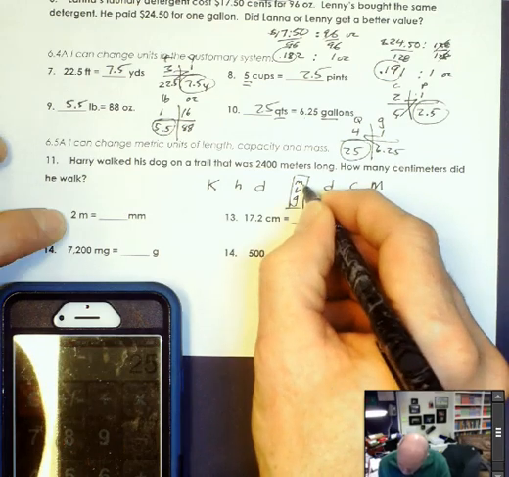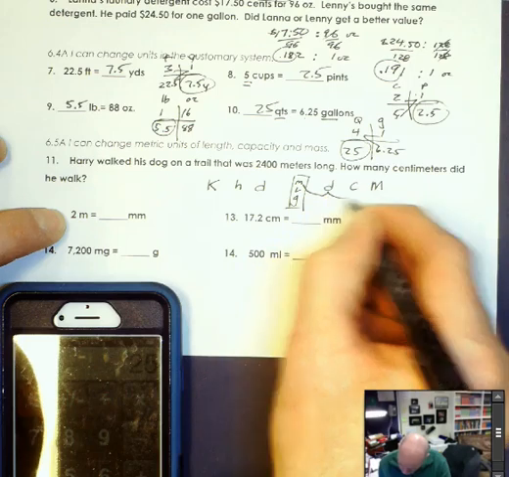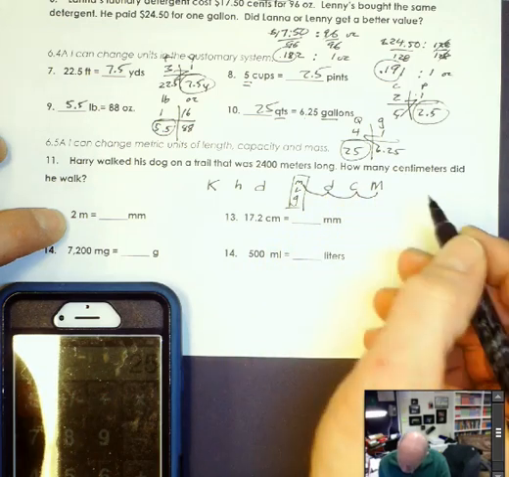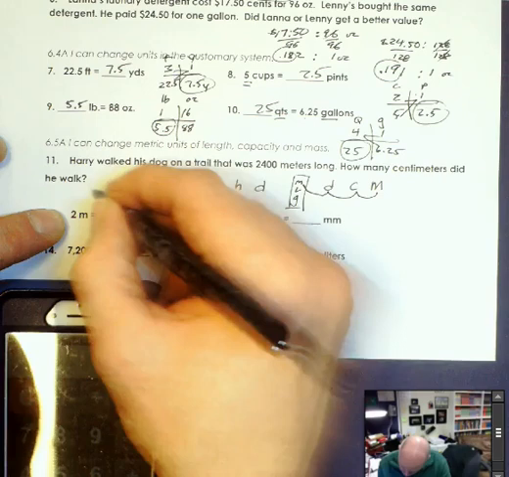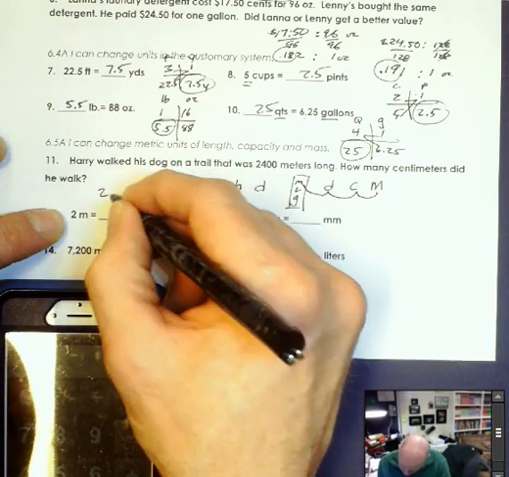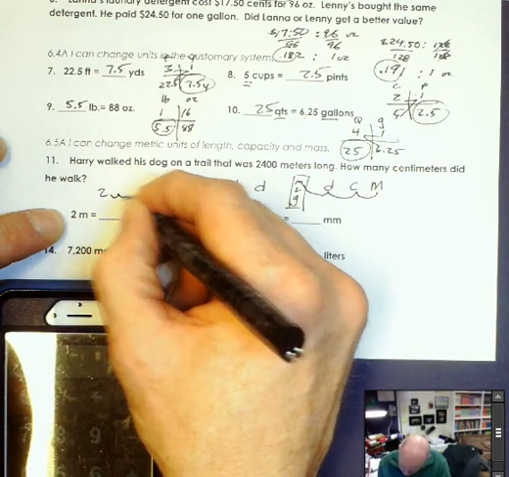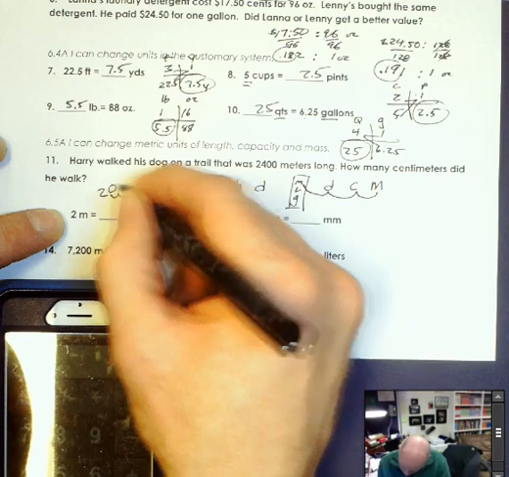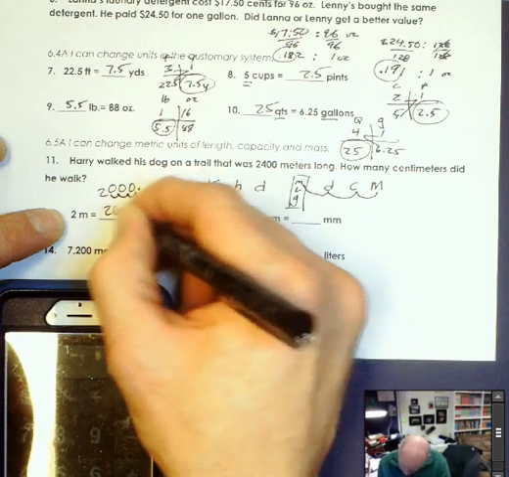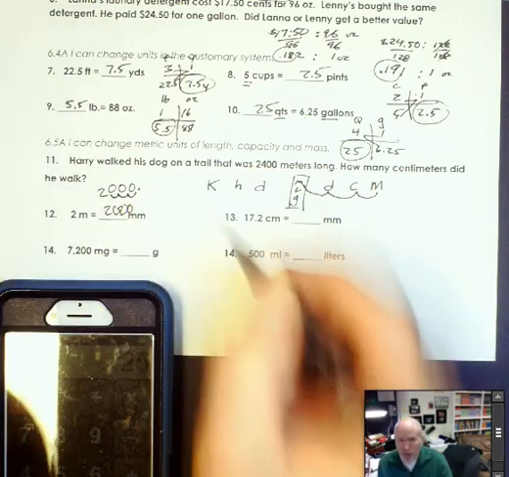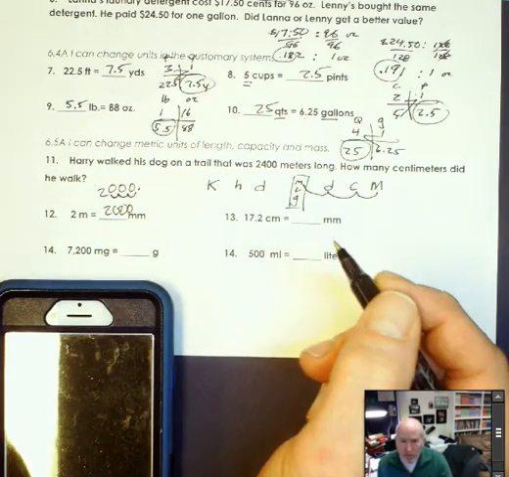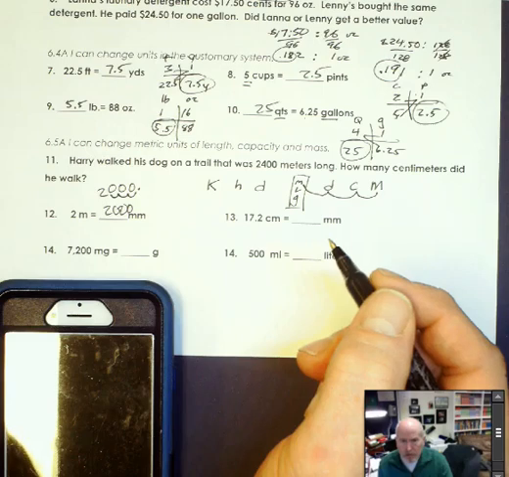We've got to go to millimeters. To get to the millimeters, I have to make 3 jumps. So here's my number, 2. Here's where the decimal is. I have to move it 3 places. I've got 2,000. And that makes sense because I know that in 1 meter there's 1,000 millimeters. So in 2 meters it'll be 2,000.